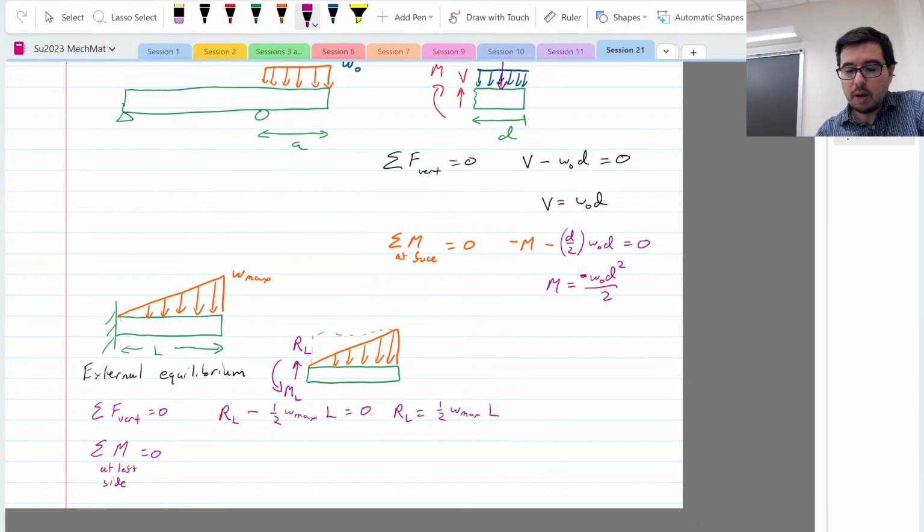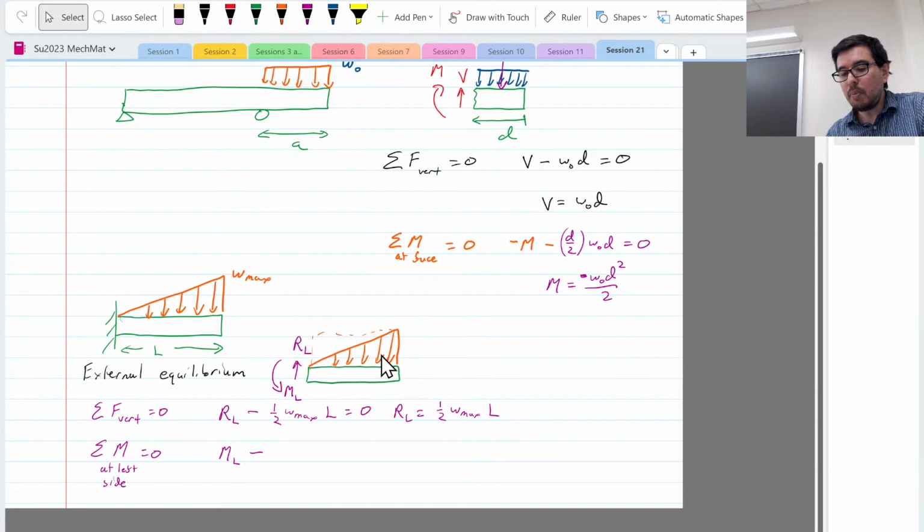So now I've got a situation where ML is a positive moment on the structure, and I've got minus, what's happening here? Well, the effective force is 2/3 away, so that's happening 2/3 down the line.